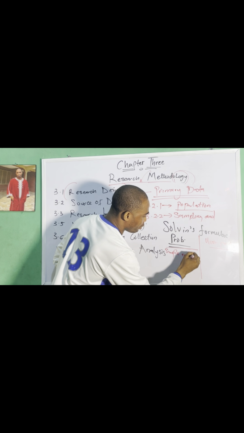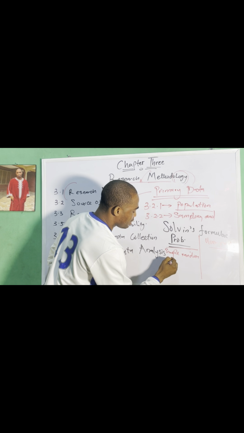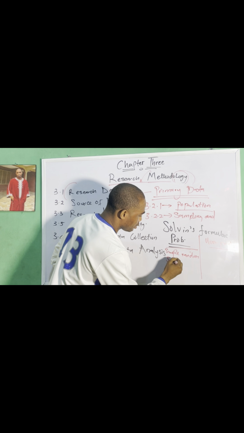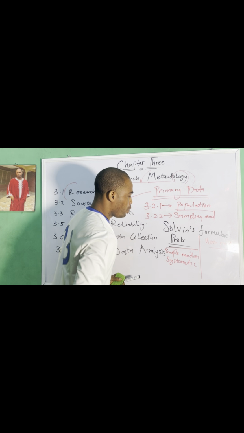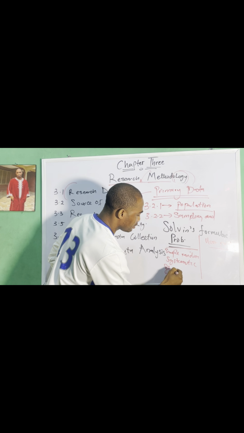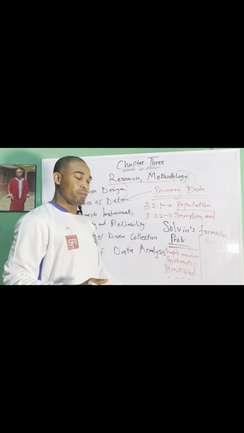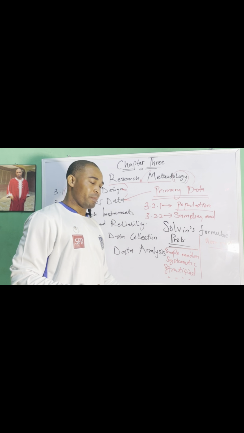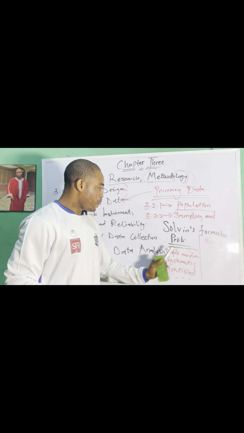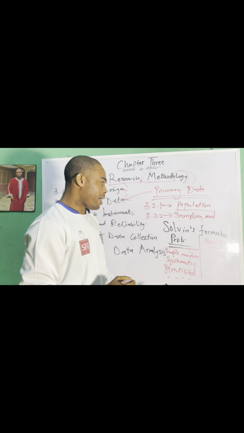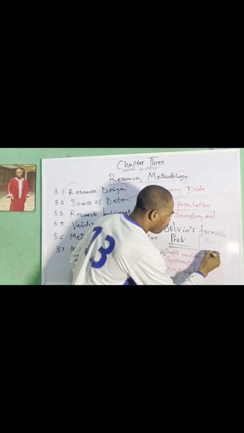We have what we call systematic. We have what we call stratified, and so on. I'm using this as your sampling techniques. Don't forget, these are when I'm using primary data. I'm using all these as your sampling techniques. Then, under the non-probability, we have what we call purposive.